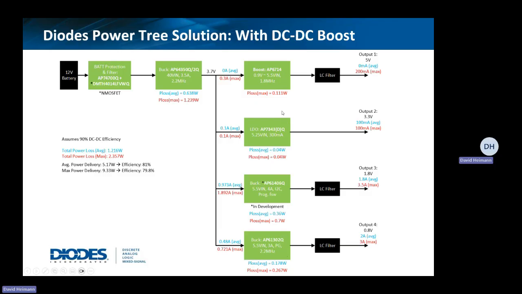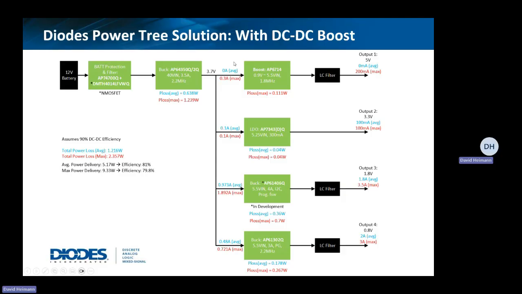So we have, in this case, decided to take this first step from 12 volts down to 3.7 volts. So we're doing our bulk buck down here, even though we have this 5-volt rail. We did this basically because when we look at the average power of this rail, it's 0 basically. So this is a rail that is not on all the time.